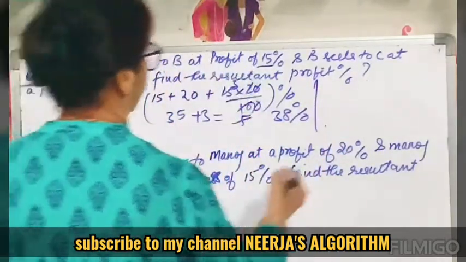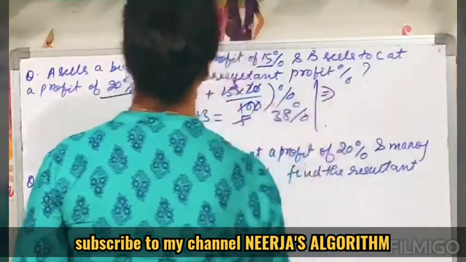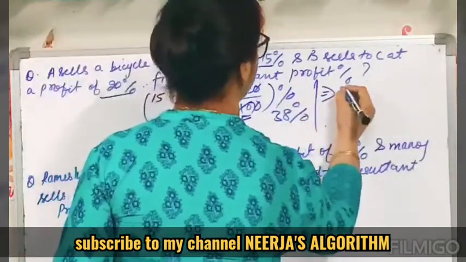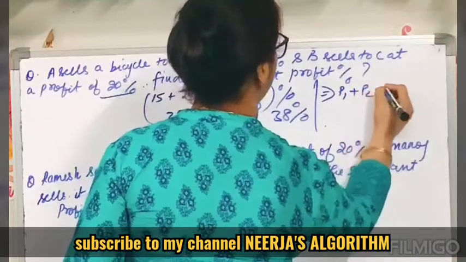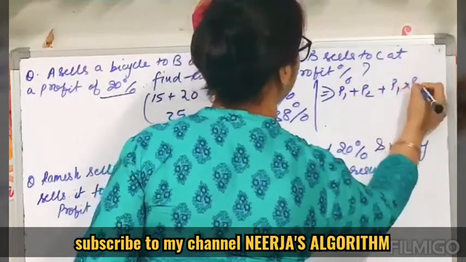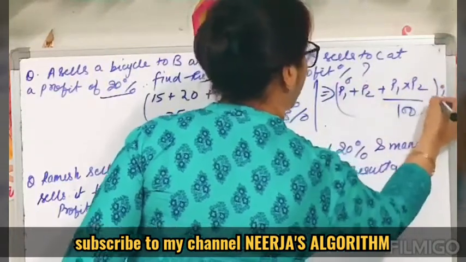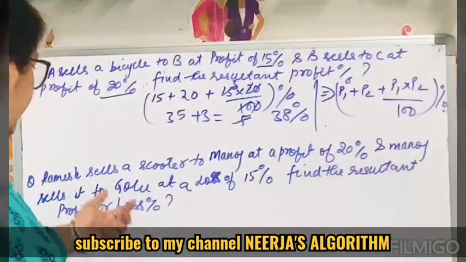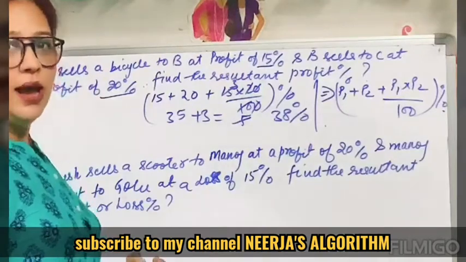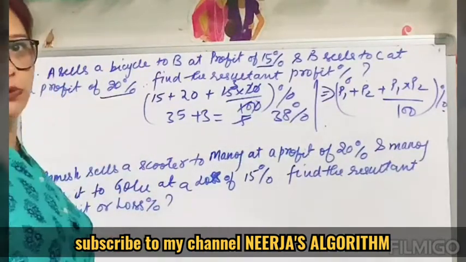Write the formula, or you can say a short trick. Profit, profit. Naturally I am getting a profit only. So what will be the answer? P1 plus P2 plus P1 into P2 by 100. How simple it is. Let's see another question. I took a variety of questions from that.